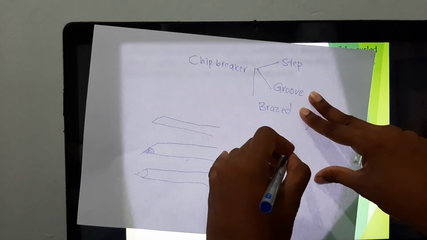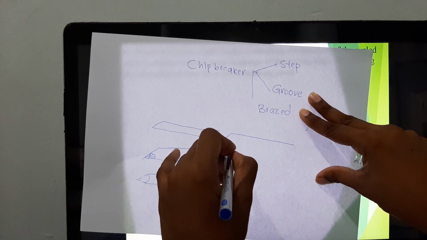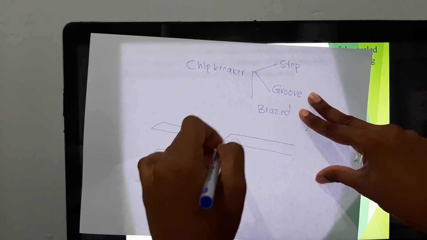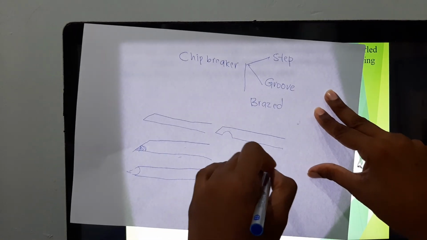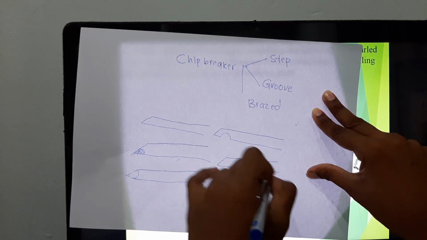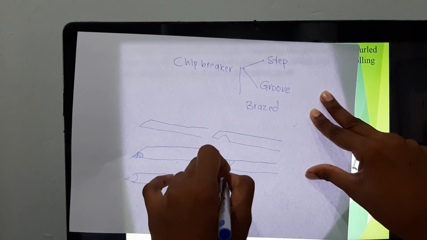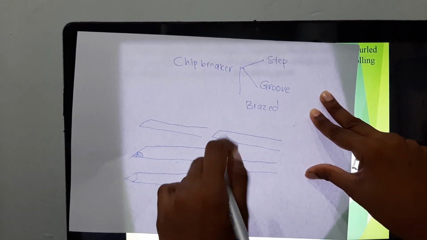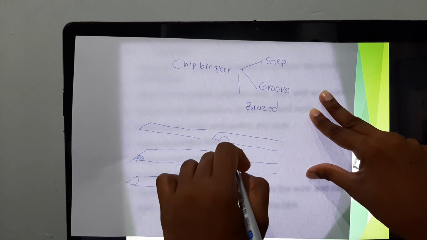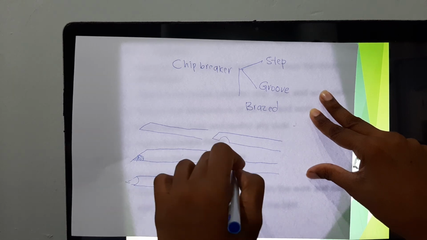Groove type also has an obstacle, but groove type obstacle occurs in the middle. So when the chip comes to this point, it will automatically break, yeah? Brace type is when you have an obstacle, or you actually add on an extra material on the surface, okay, to create a thicker surface on the edge, and therefore the material is forced to break when it arrives at this point.